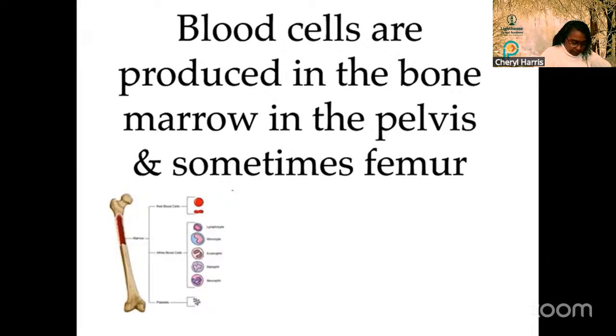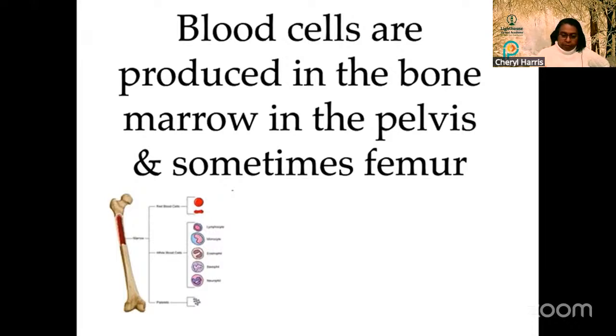It is active when you are developing in your mother's womb, and as you get closer and closer to birth, more and more of the small bones' bone marrow shuts down, so that by the time you're an adult, the only bone marrow that's active is your pelvis, and again, sometimes the upper part of the femur, but primarily the pelvis.